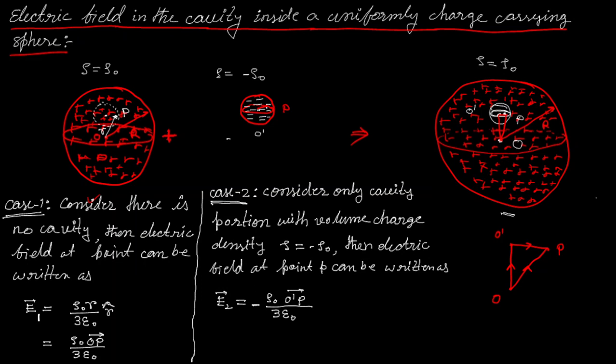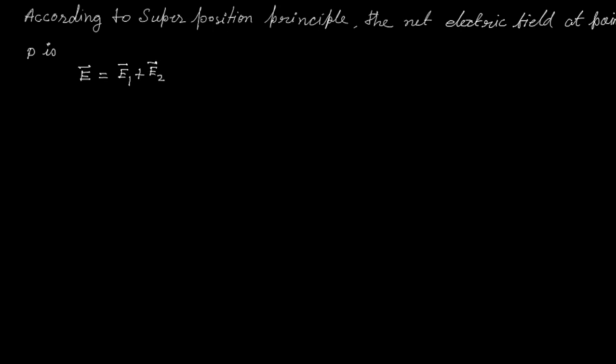So right here, next page, according to the superposition principle, the net electric field at point P is E equals E1 plus E2.